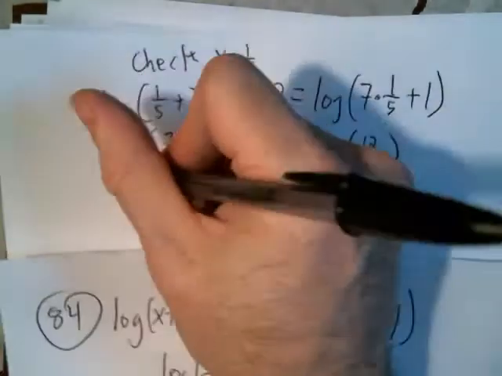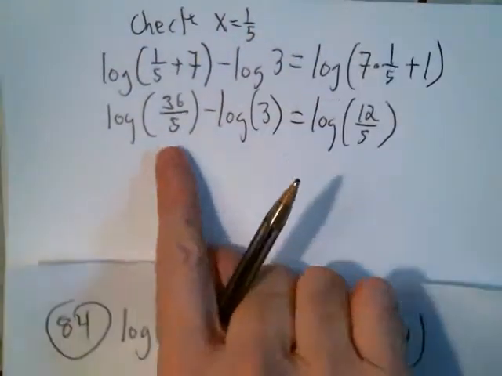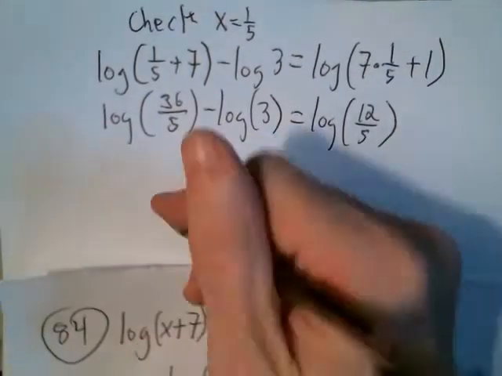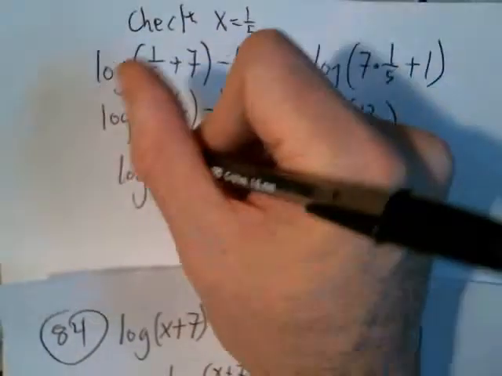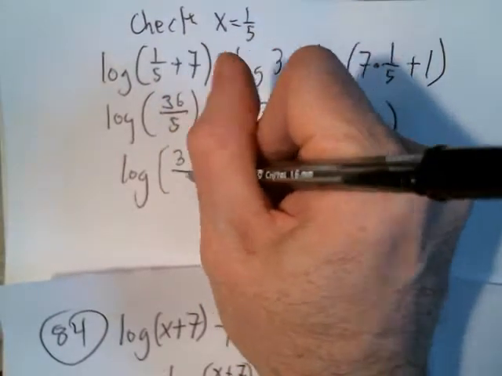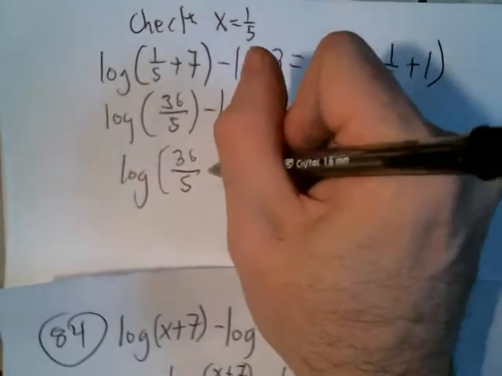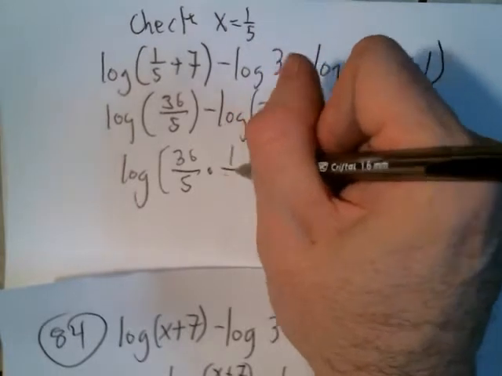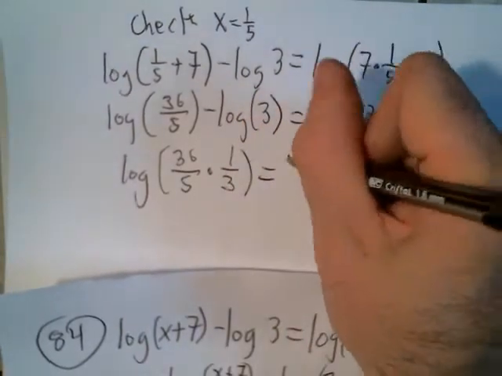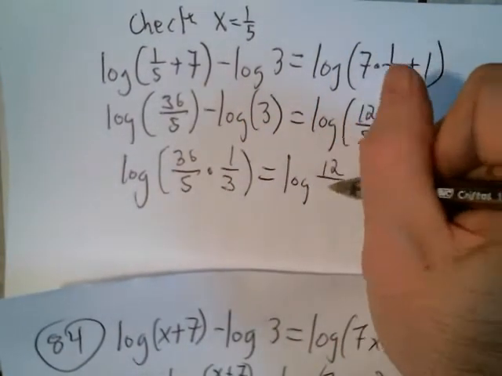And then you could use your quotient rules. Both of these are positive real numbers, so we can apply the laws. So you have 36/5 divided by 3, which is the same as multiplying by 1/3. The other side, log of 12/5.